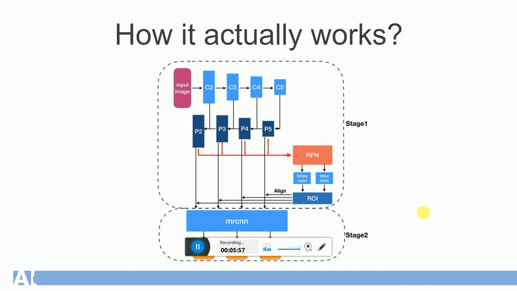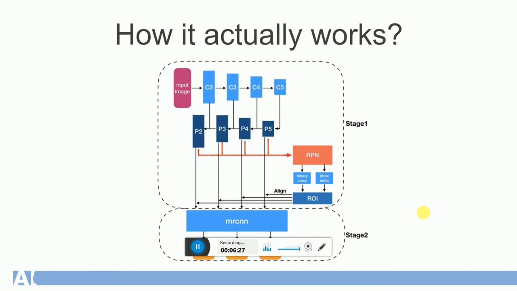It first takes the input image and cuts it down into segments, and then processes each segment. The segments are sent to the RPN model, and this, with a binary class and the delta box, will be sent into the ROI. Mask R-CNN uses ROI alignment, which does not digitize the boundaries of the cells.